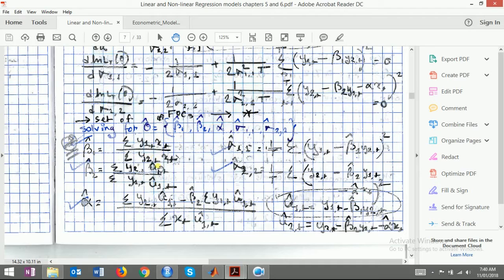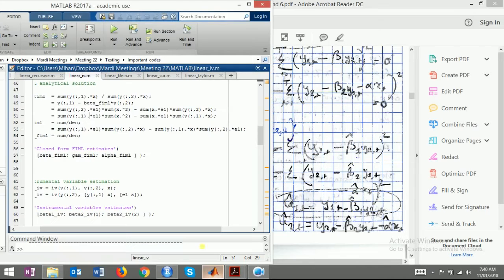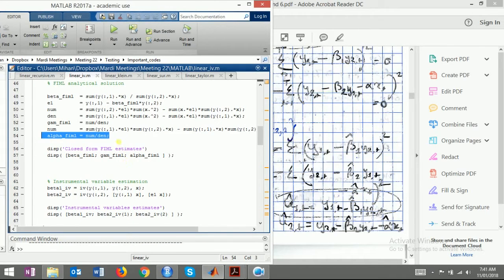This is num by den for alpha. Something very tricky, the FIML analytical solution.